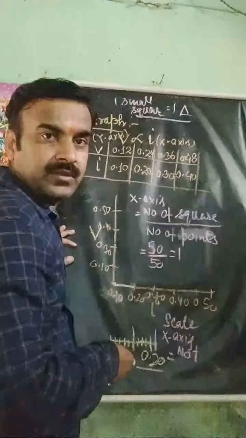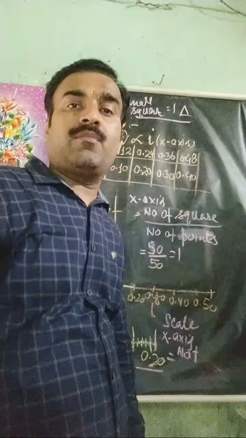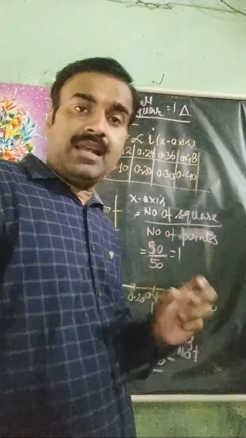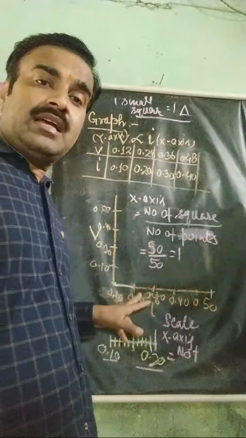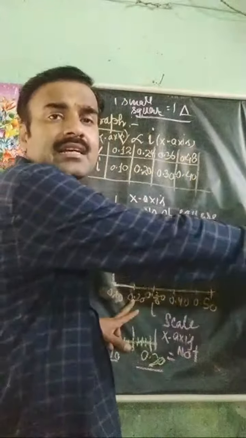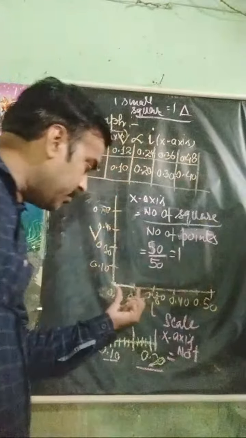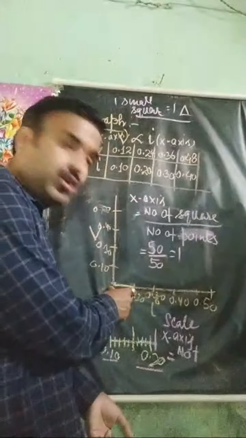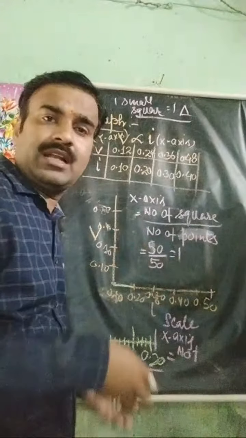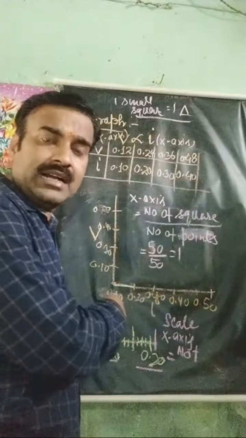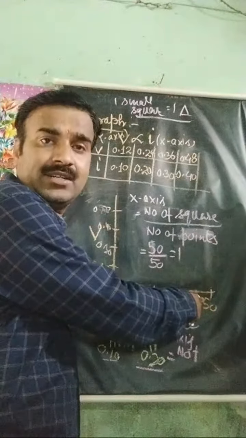If you want to choose, I have already written the formula: number of squares upon number of points. Just see how many squares you have taken, or you can also take between two points; you can apply both concepts. Suppose you start from 0.10 and go to 0.50 or 0.60.